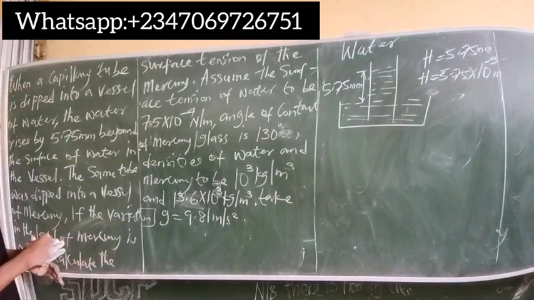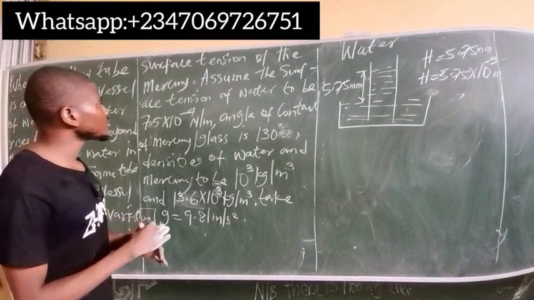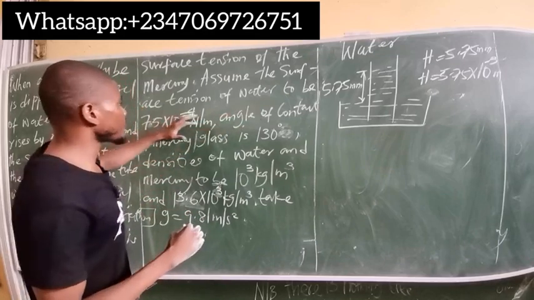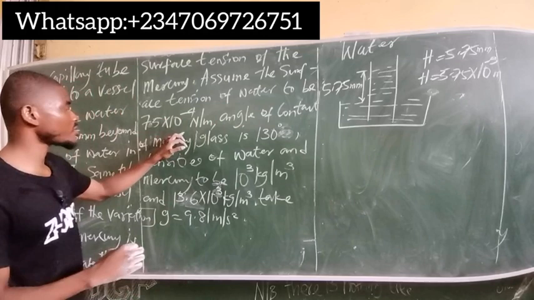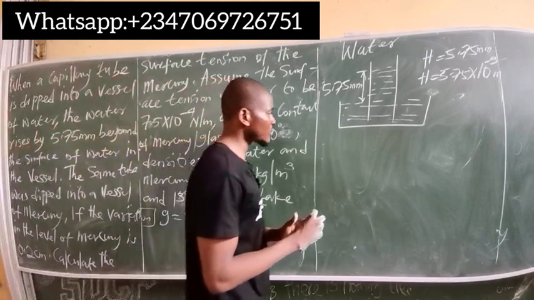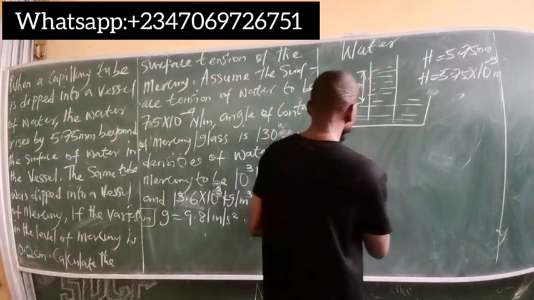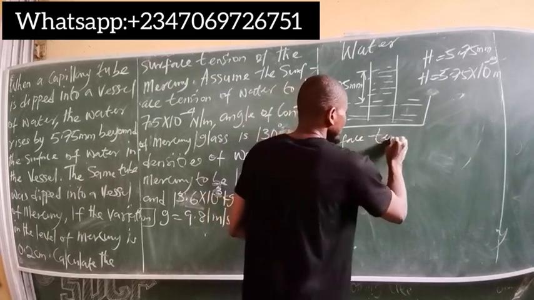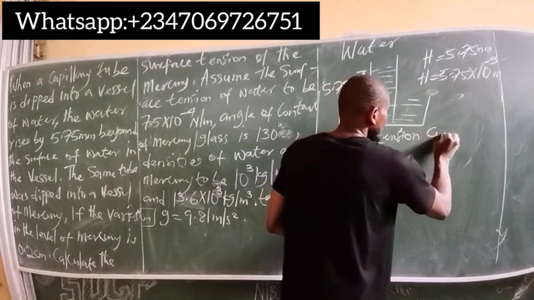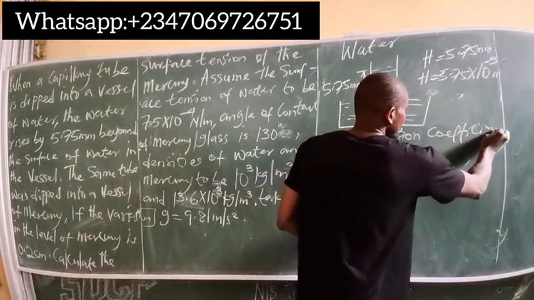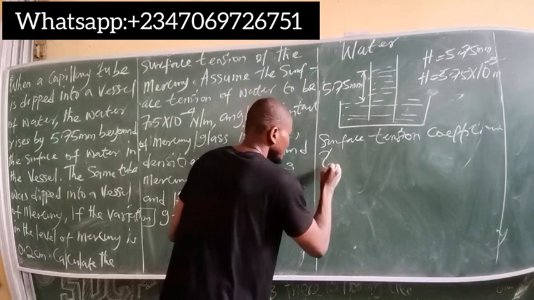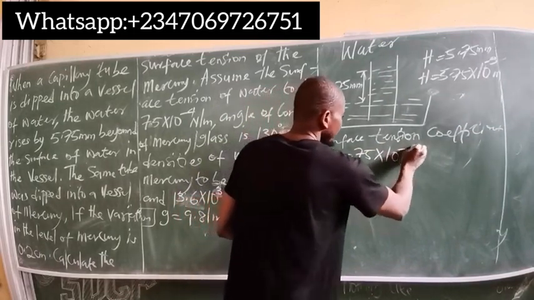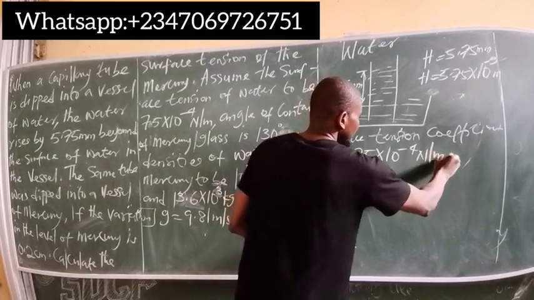We were also given the surface tension of water to be 75 by 10 to the power of minus 4. So the surface tension coefficient for water, gamma W, was given as 75 by 10 to the power of minus 4 newtons per meter.